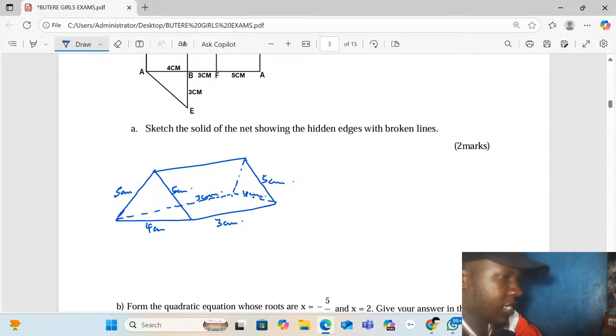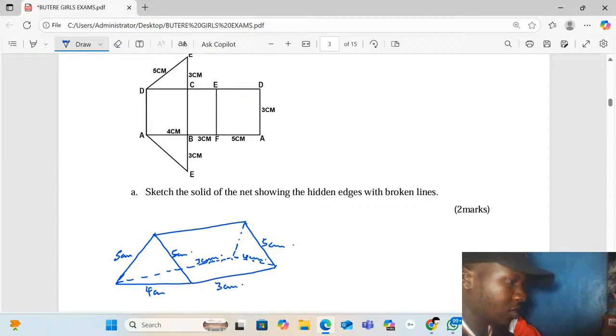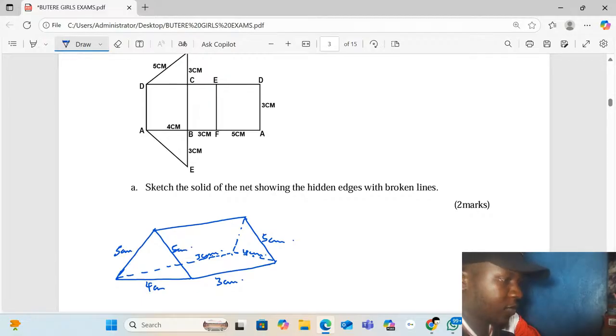So this is now the net of the given solid. When you open this one, you're going to get something like this. So that is how you get your 2 marks.